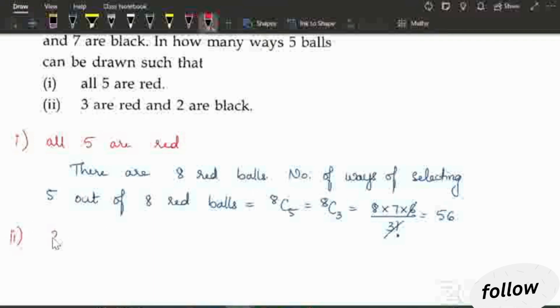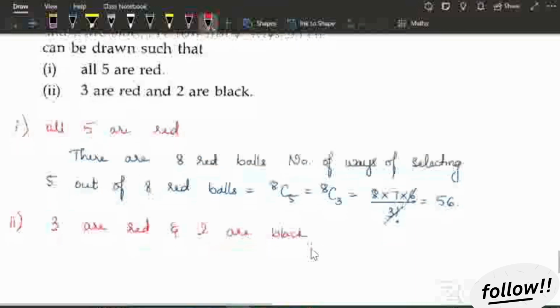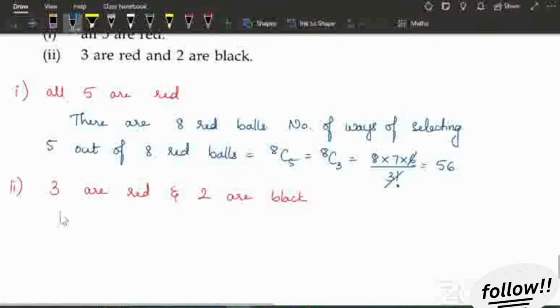Now next is 3 are red and 2 are black. So here you write the number of ways of selecting 3 red balls.